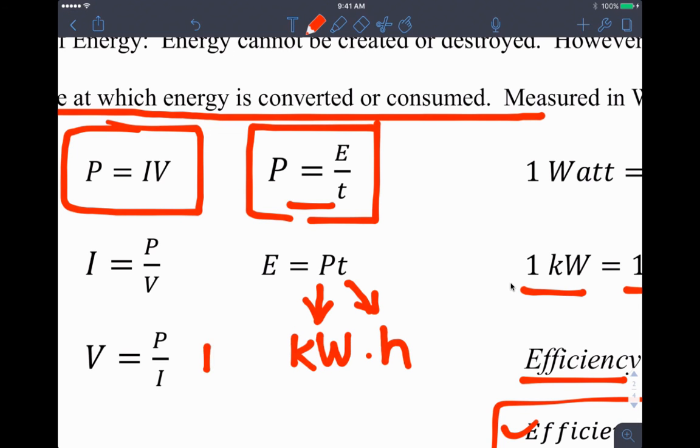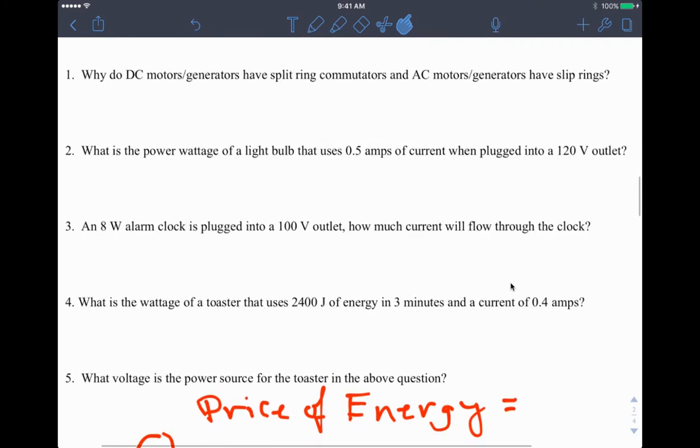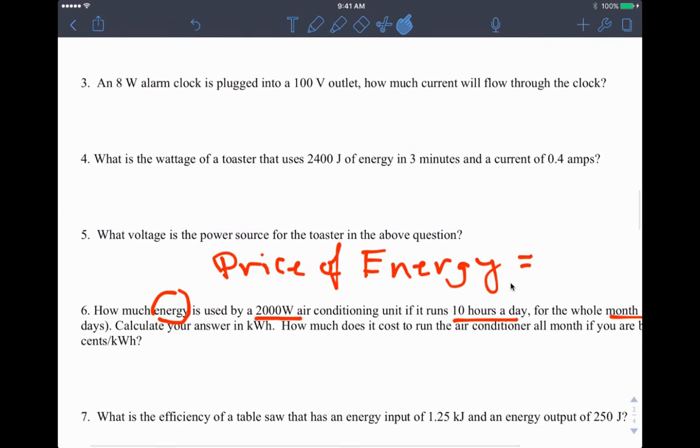So the energy just becomes kilowatt hours. We just call it kilowatt hours instead of joules because it's not a joule. So doing that, power companies get the amount of energy in kilowatt hours, and then they just charge you so many cents per kilowatt hour.